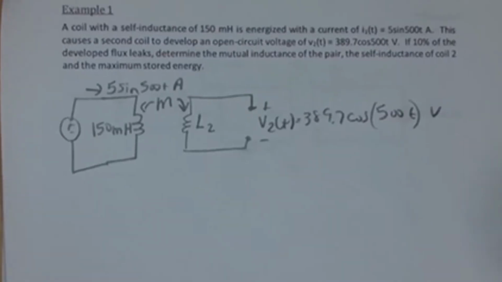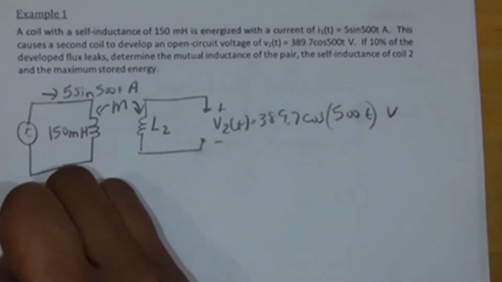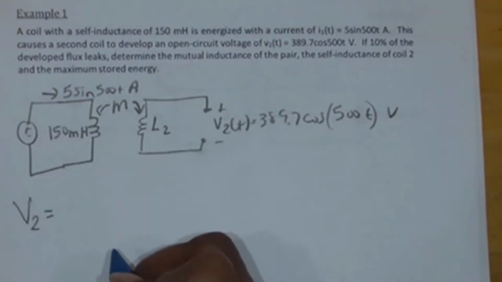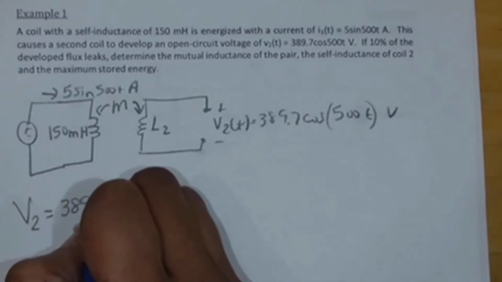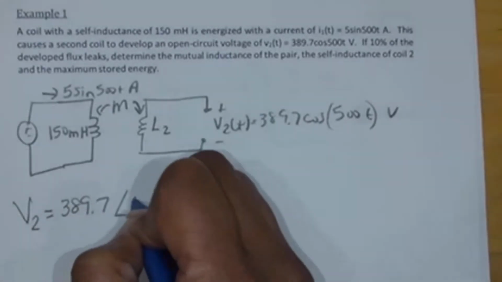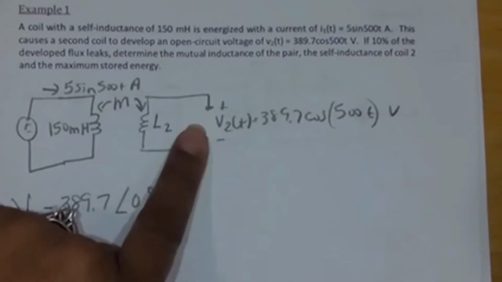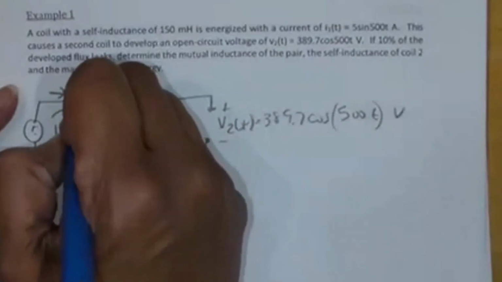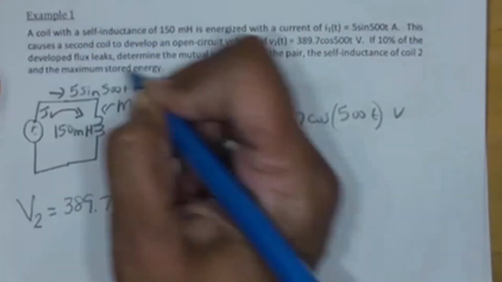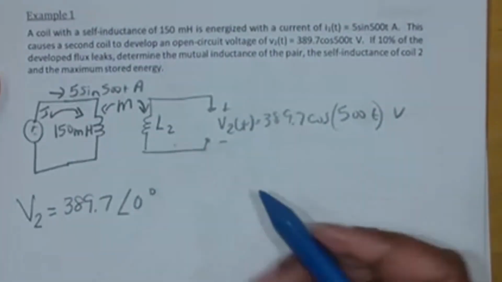So first, in the phasor domain, V2 is equal to 389.7 with an angle of 0 degrees. Now, because this is an open circuit, the only voltage over here is due to the mutual inductance.